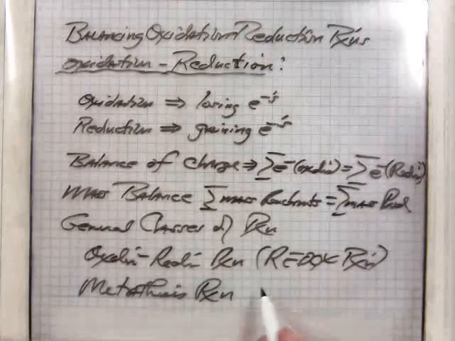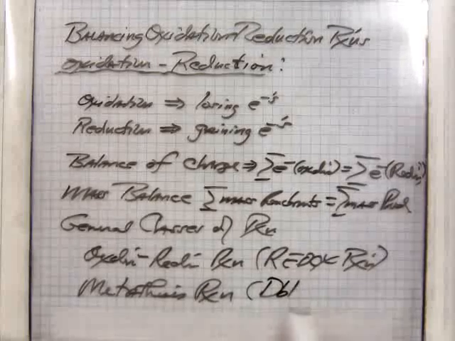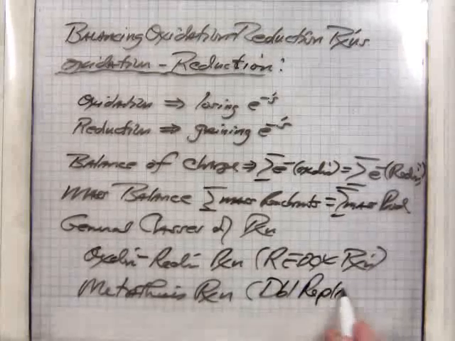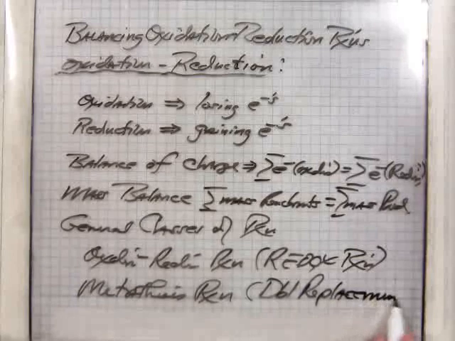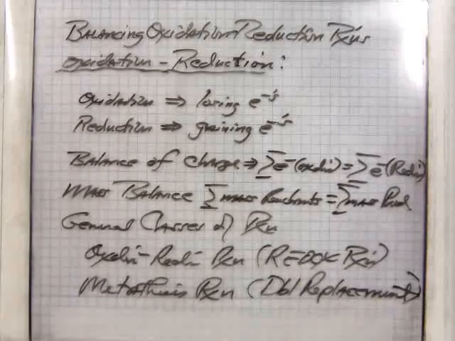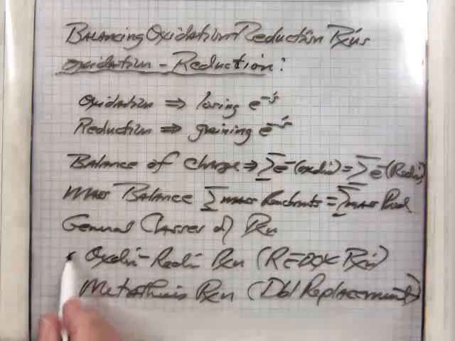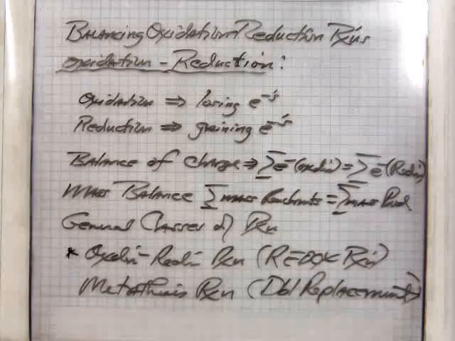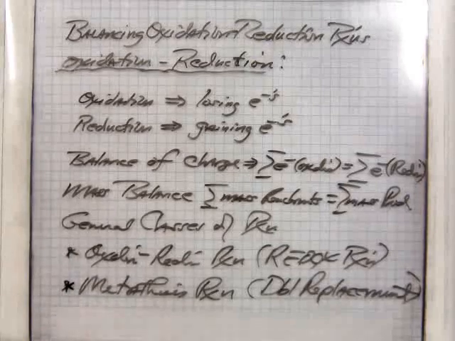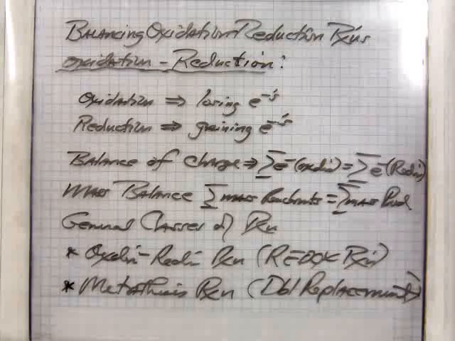Sometimes it's referred to as a double replacement. In the oxidation reduction process, changes in oxidation state will occur. However, in the metathesis reactions, as you will see in the future, no change in oxidation states occur between elements moving to different compounds in a chemical process.